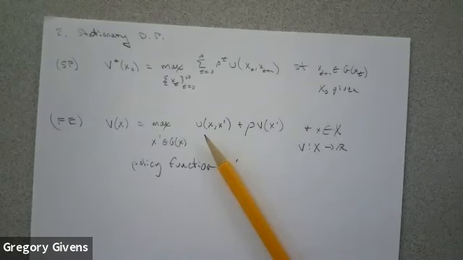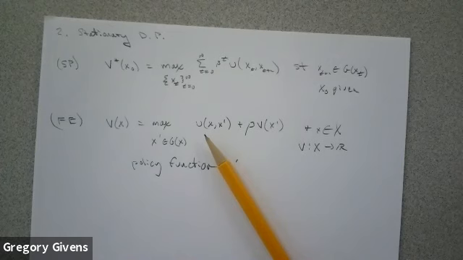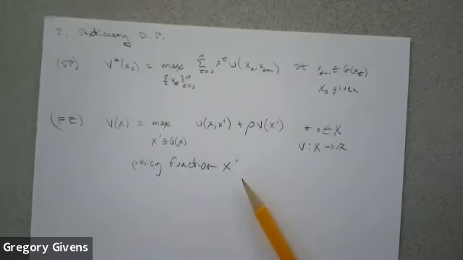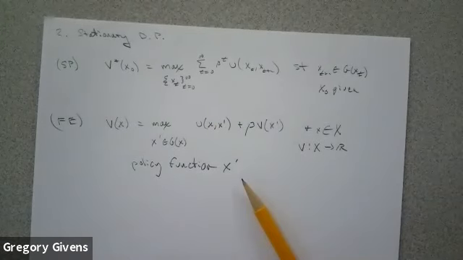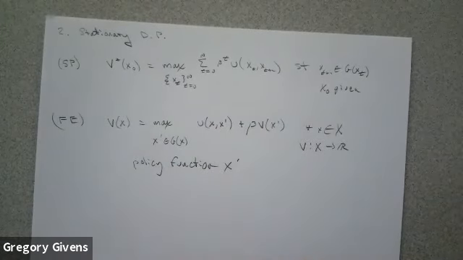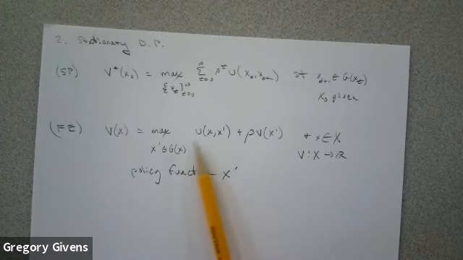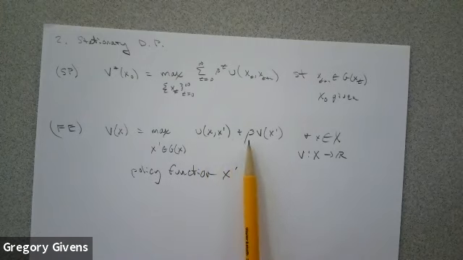In other words, the way that x2 optimally depends on x1 is exactly the same way that x100 depends on x99. That's what x prime is: it's the mapping from xt to xt plus 1 that solves this maximization problem. So mathematically, finding this policy function is the same as just maximizing the right-hand side of this equation, that is u of x, x prime plus the discounted value of tomorrow's value function.